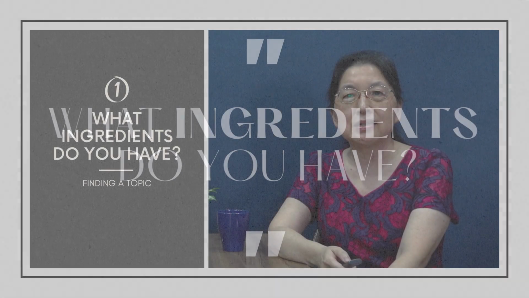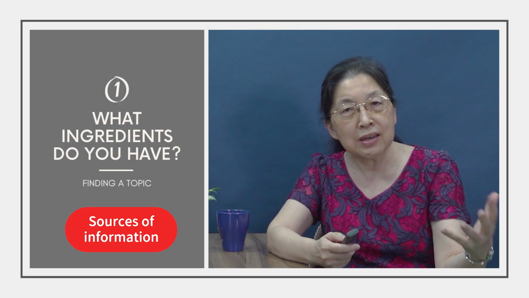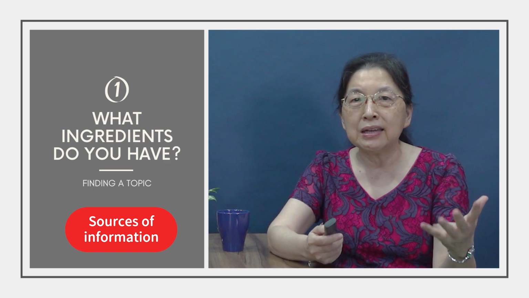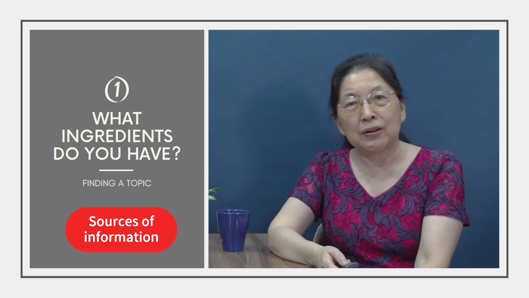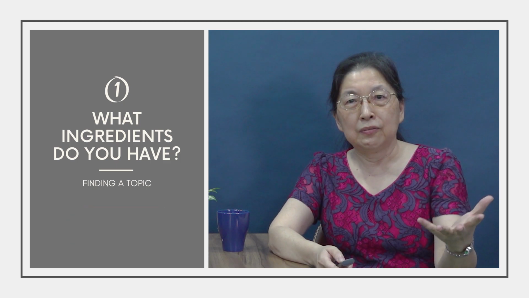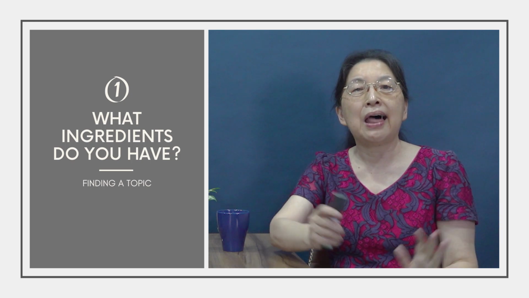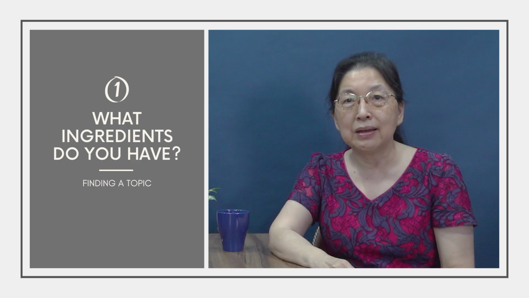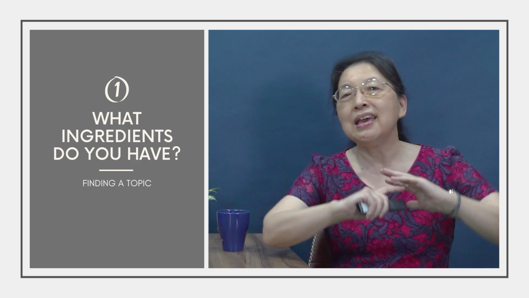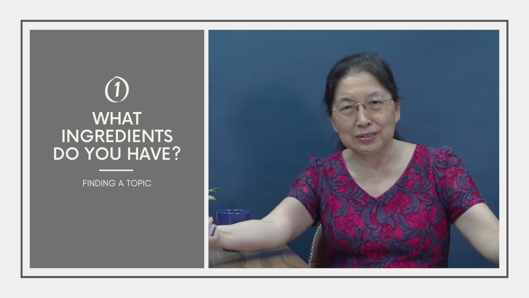The ingredients are very much like what you know, what skills you have, what kind of equipment is available to you, and so on. For example, a psycholinguist in my department has various labs. But for a social linguist, I don't have a lab. My lab is in the society, in the community, in the field.